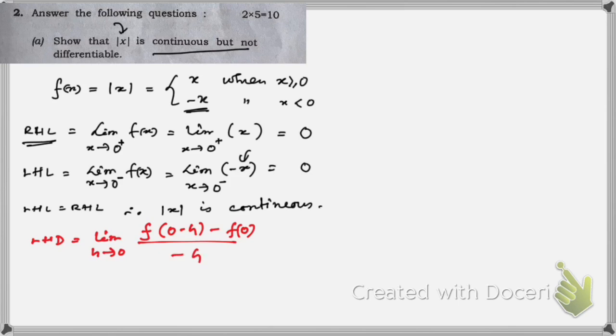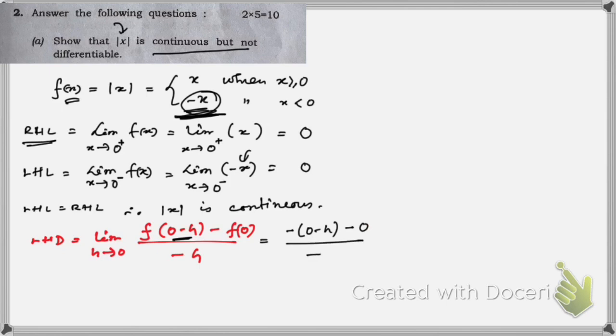For the left hand, f of x is equal to minus x, so for f of 0 minus h you can replace x by 0 minus h, and f of 0 is simply 0.